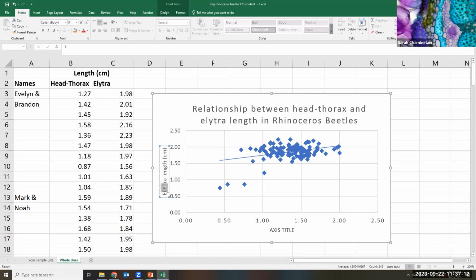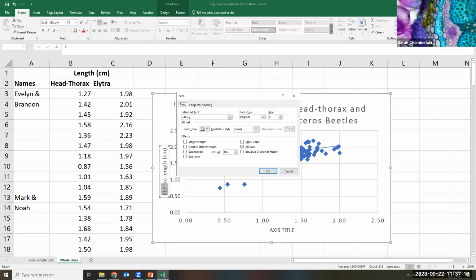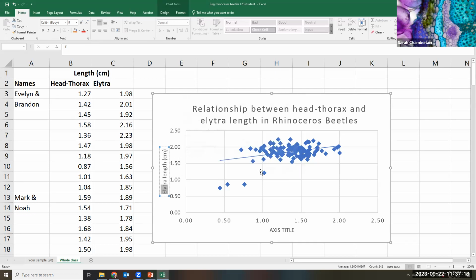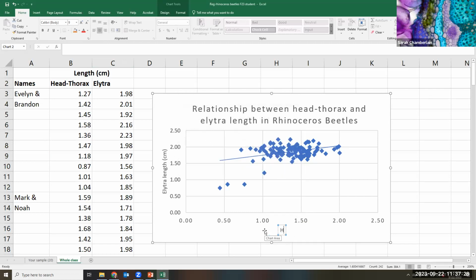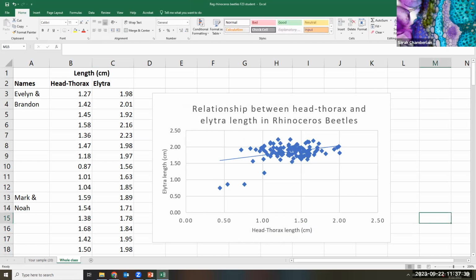But I forgot to get these to not all caps either. Okay. And then down here. What is this one again? Is that right? Yes? Okay, beautiful.